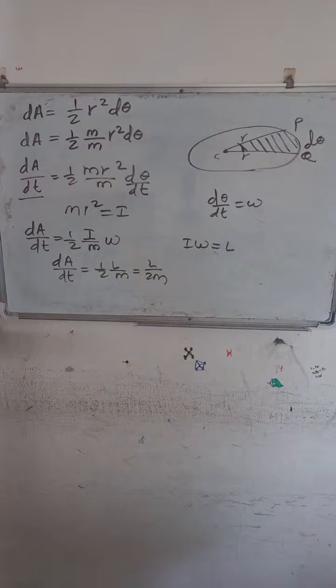Since gravitational force is a conservative central force, angular momentum L remains conserved. That is why dA by dt also remains constant. So this is the proof of the second law, the law of areas. Kepler's second law is proved here for planetary motion.